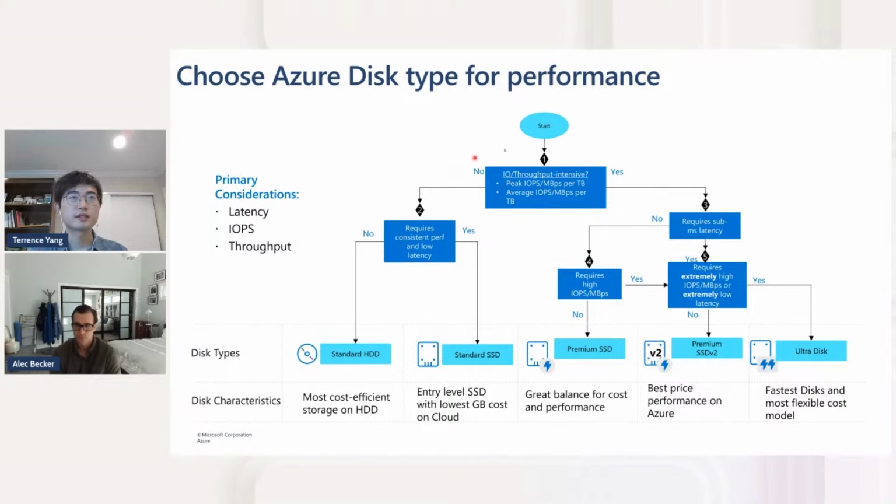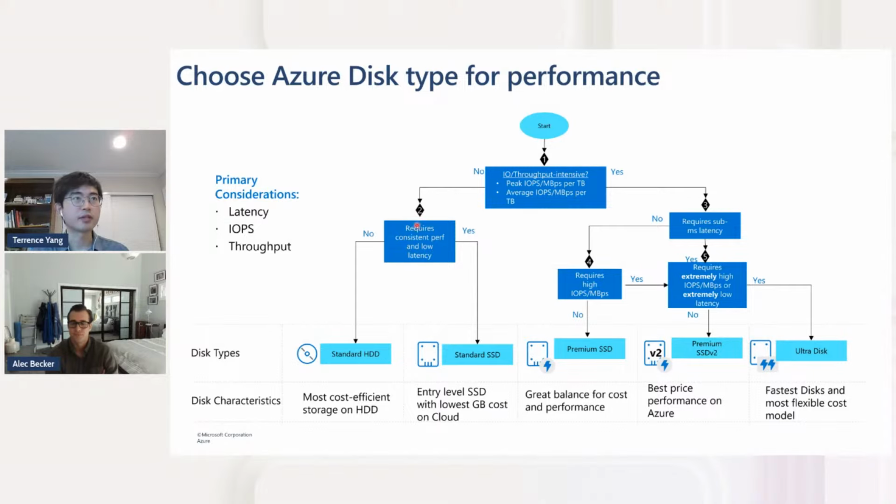So we can go through this decision tree, for example. First, as you have the IOPS requirements, you can decide if it is IO or throughput intensive. You can check the number of peak IOPS and throughput per terabyte, and check the average IOPS and Mbps per terabyte. If your IOPS and throughput requirement is not that intensive, we can go with solutions like standard HDD or standard SSD.